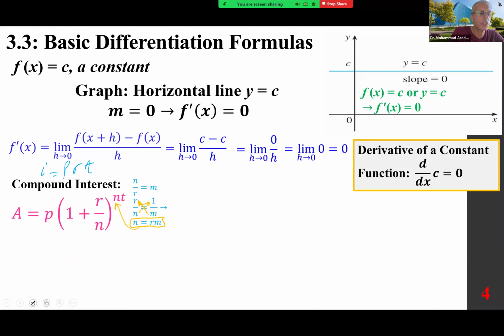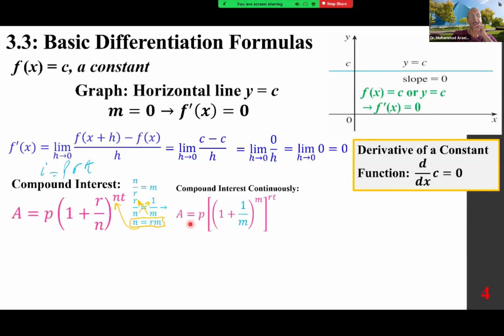So we are going to replace r over n with 1 over m. And we're going to replace the n with rm. This is what we did in algebra, okay? And so 1 plus r over n becomes 1 plus 1 over m. n becomes m times r or r times m. We put the m here, rt outside.